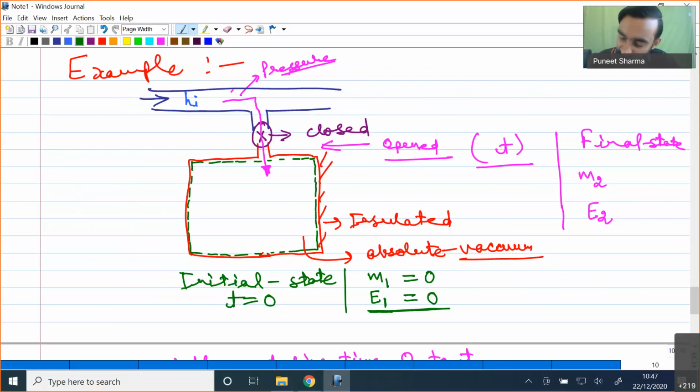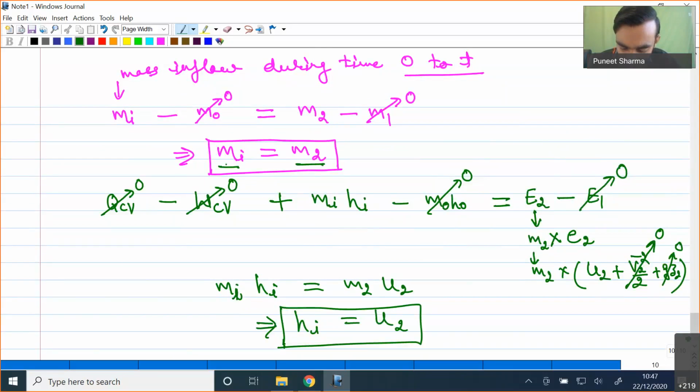For this particular example, we can say that the enthalpy of the incoming stream is equal to the internal energy of the final system. That is very specific to this particular example. The sole motto of showing this example is to demonstrate how we can solve the transient processes.